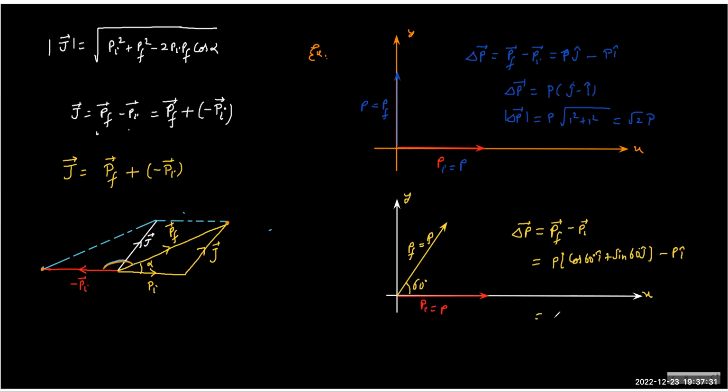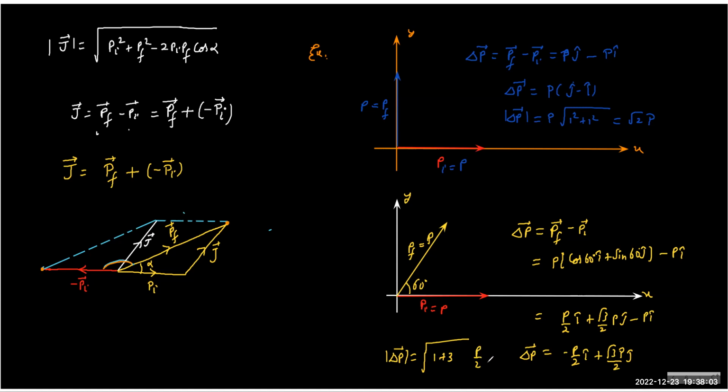This is what you got. So mod of delta P will be how much? Under root of 1 by 2 whole square. I mean, we can take P by 2 common. So it's 1 plus 3.